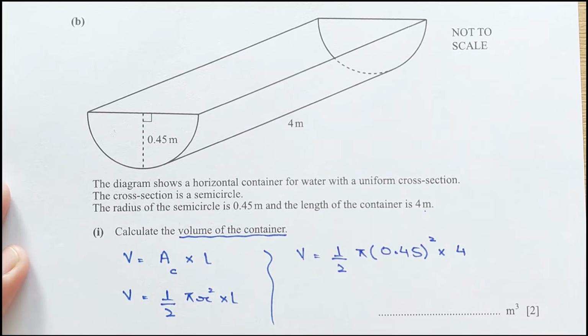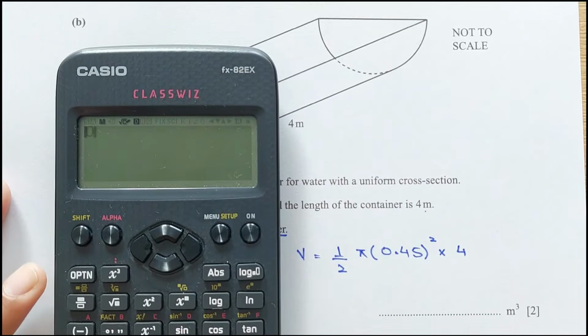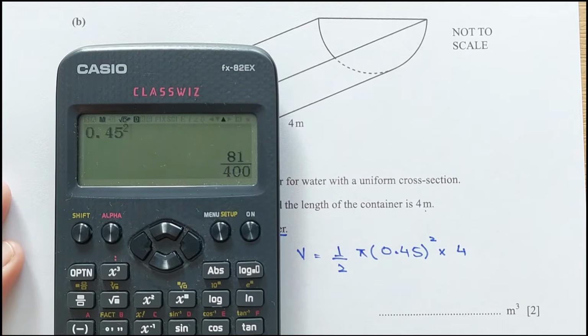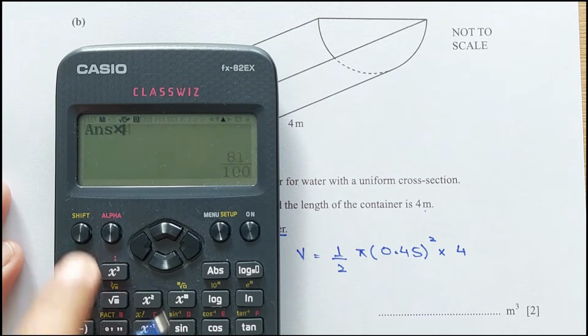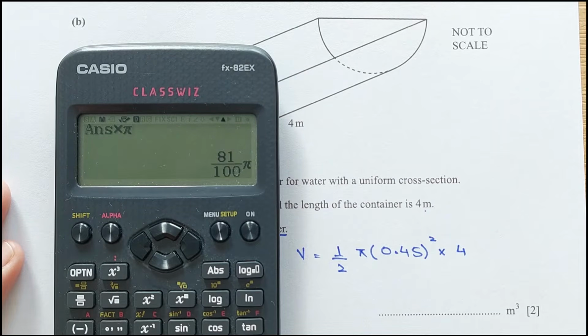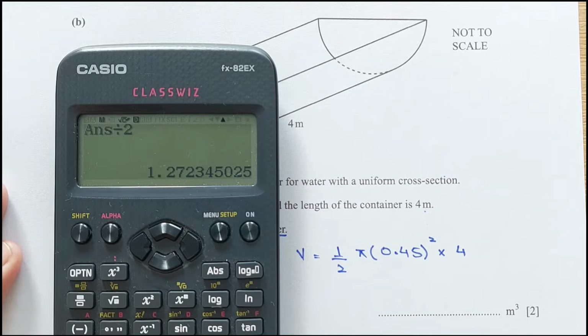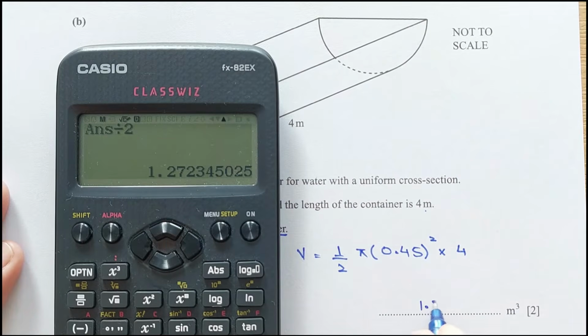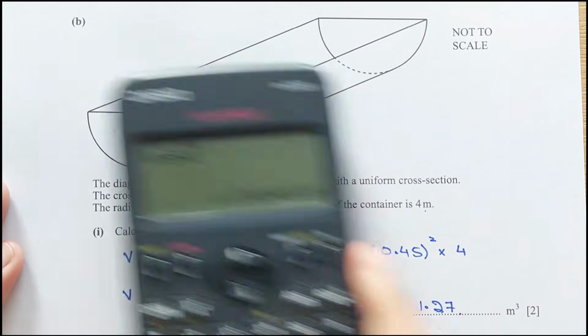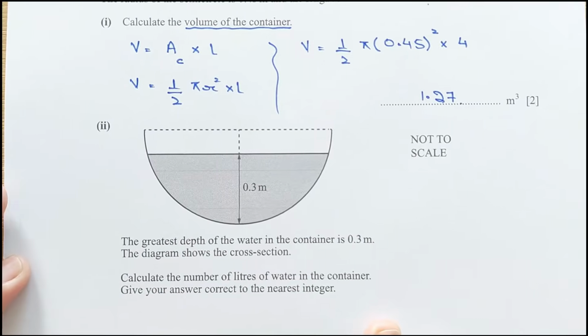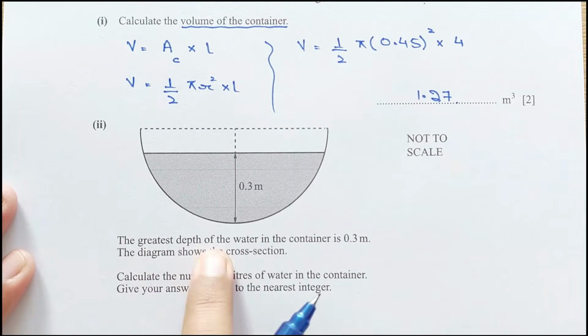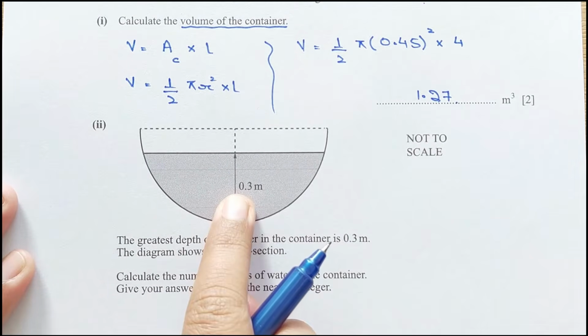So this is in meter cube. Let me just calculate the answer. 0.45 square times 4 times pi and dividing by 2. This is 1.27 meter cube. 1.27, right?